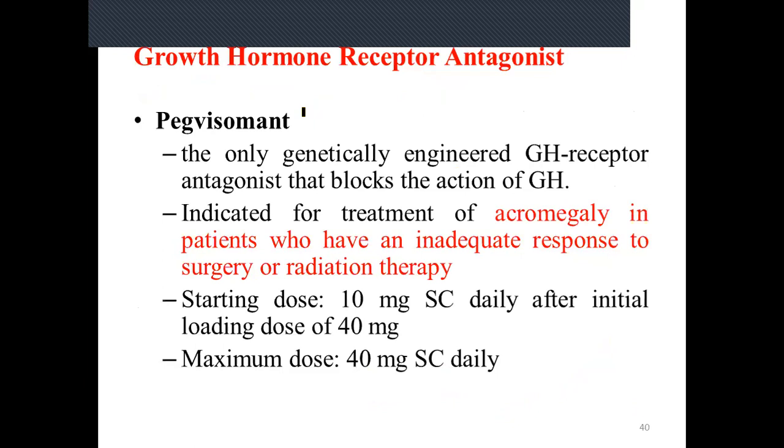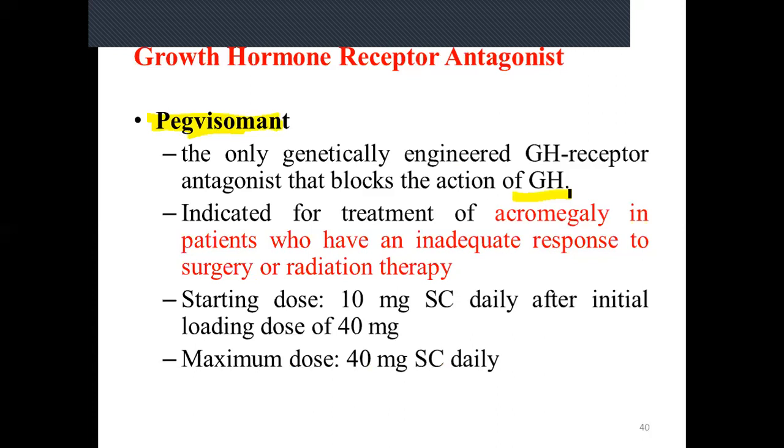Then, secondly, growth hormone receptor antagonists. So far we have only one growth hormone receptor antagonist. Pegvisomant is the only genetically engineered preparation, and it blocks the action of growth hormone.